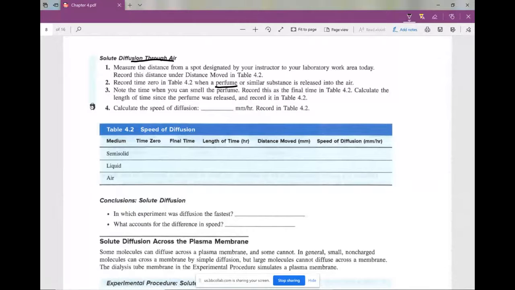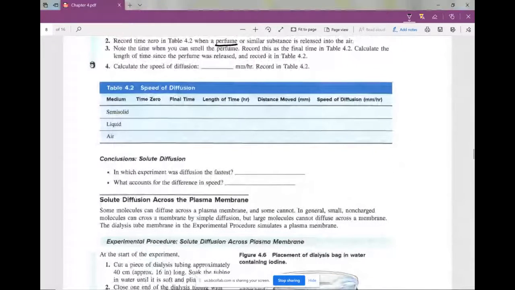But if we ignore all that, I would have sprayed a little Lysol can in the front of the room, and I would have asked the class to time how long it takes for the person all the way at the other end of the room to smell it. And that usually takes about 2 minutes.